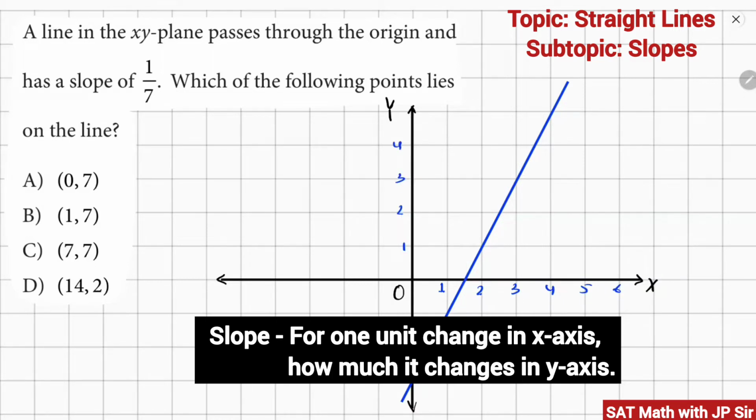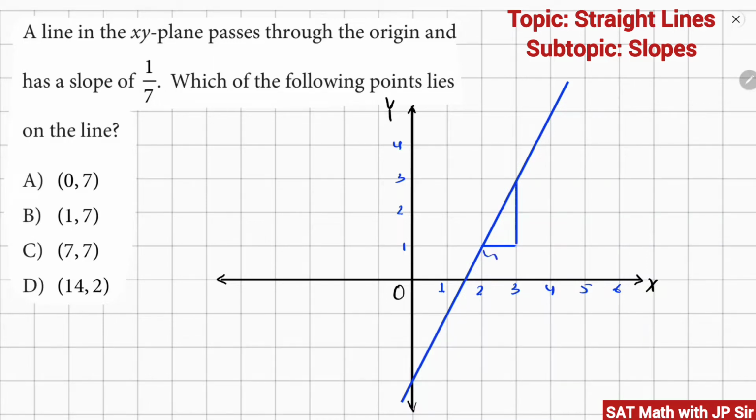For 1 unit change in x-axis, how much it changes in y-axis? This is 1 unit change, clearly you can see, and this is change in y-axis, and you can see that it is 2. So therefore slope of this line is 2.